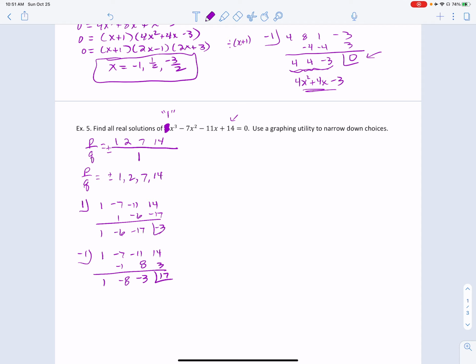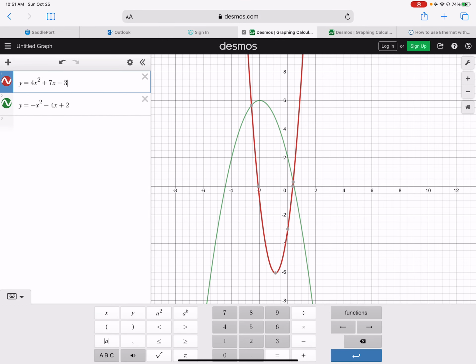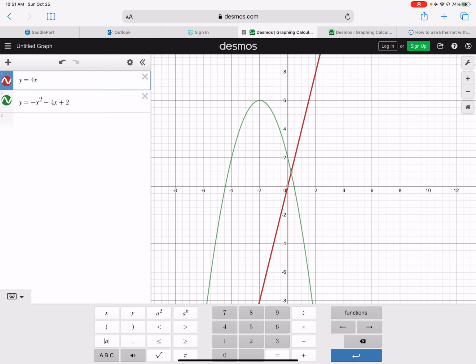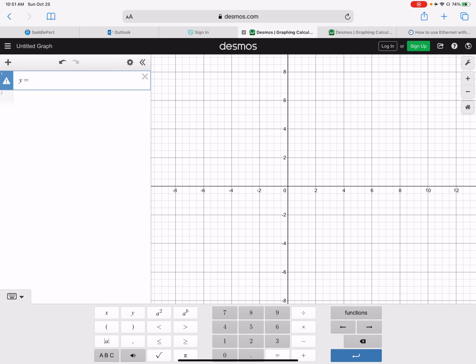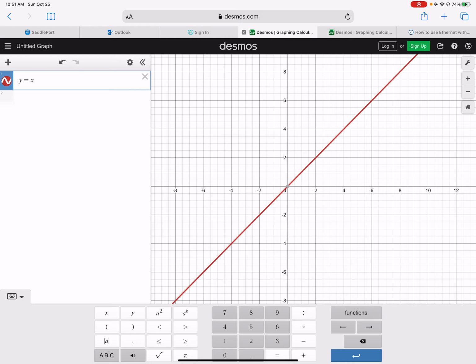But it says I can use a graphing utility to narrow down the choices. Let's go to Desmos. And I don't need the next one. So we've got x cubed. Let's see.